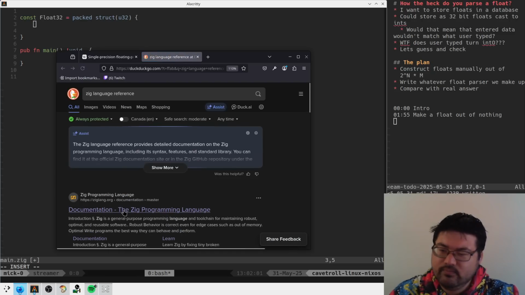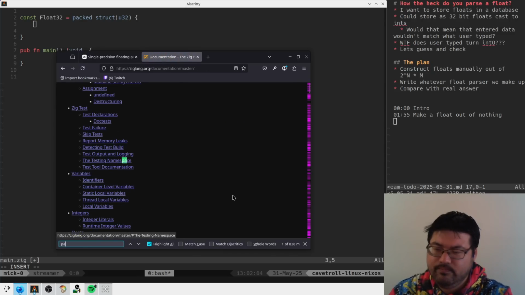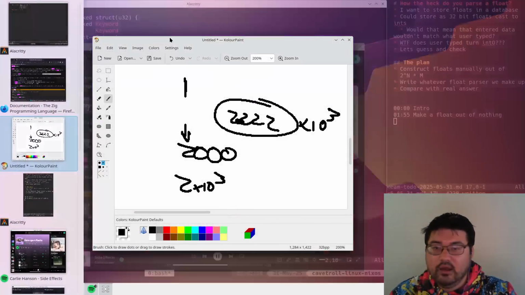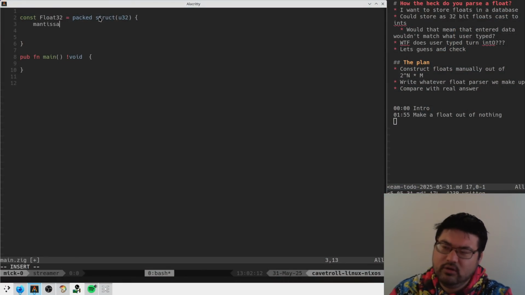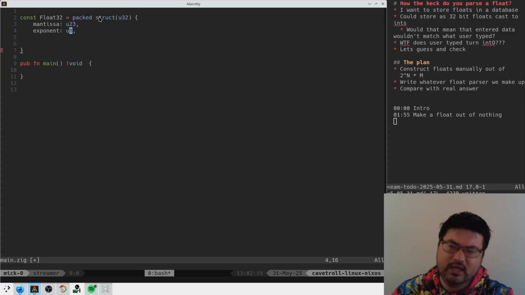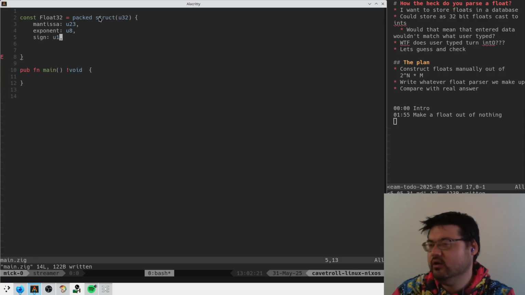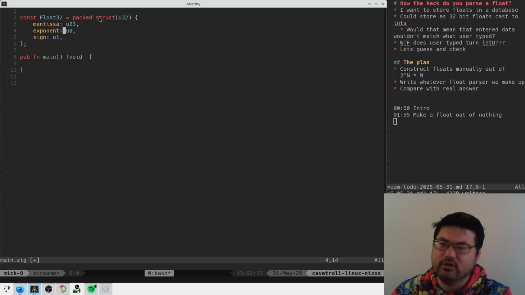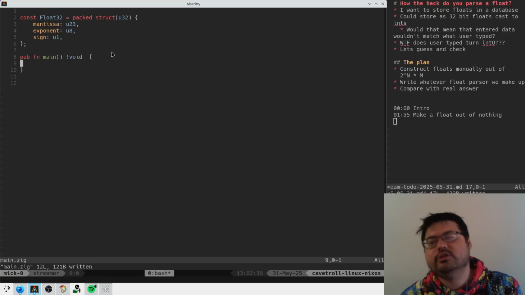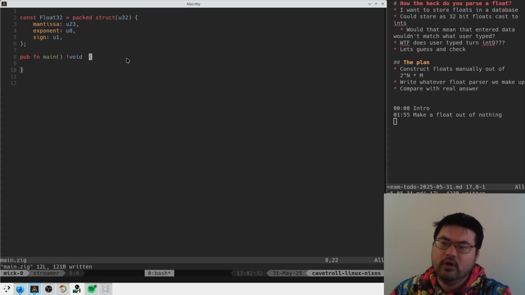Let's double check. Least to most significant. So it's mantissa, which I think they said was 23, then exponent, which was 8, and then sign, which was 1. Does that add up to 32? 23 plus 8 is 31, plus 1 is 32. Yeah, that's right.